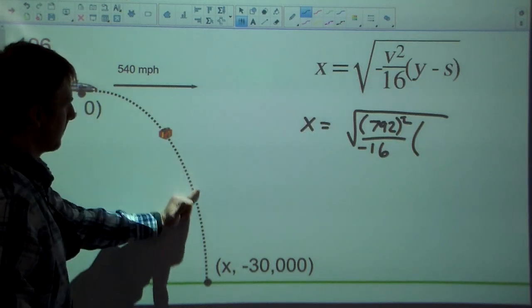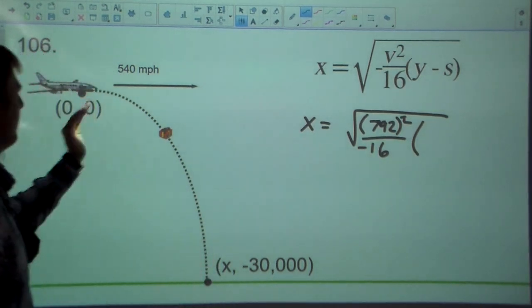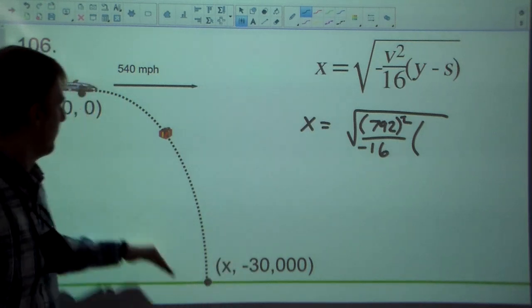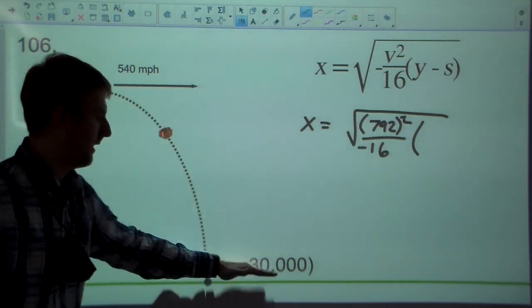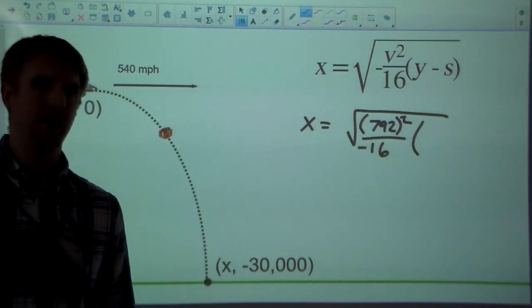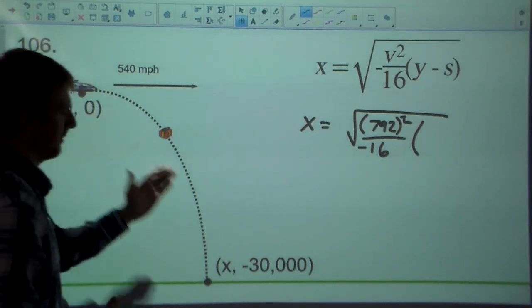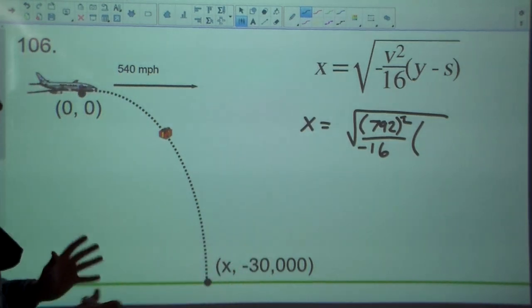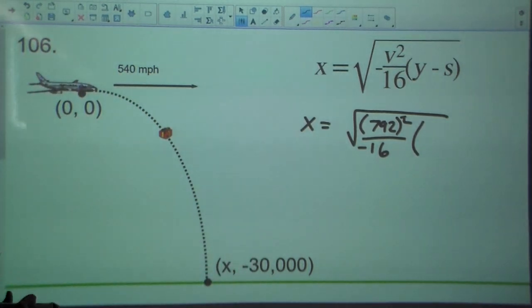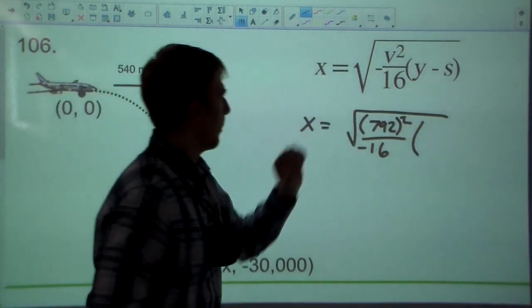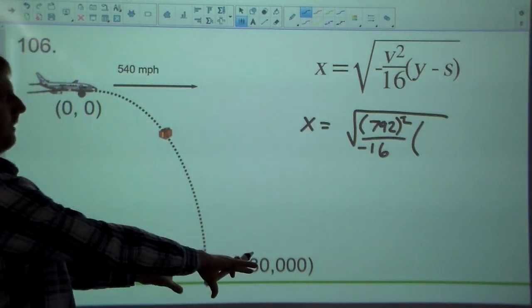The box is going to travel some distance x, but the plane was 30,000 feet in the air, so I know if it started here, it fell 30,000 feet, so negative 30,000. If you make this positive 30,000, make this 0, it's all going to check out in the end, so it really doesn't matter. All right, the next thing is the y coordinate. So down here, this is the final result.